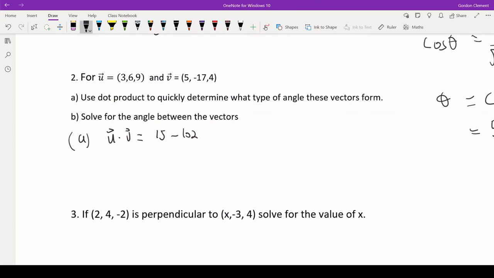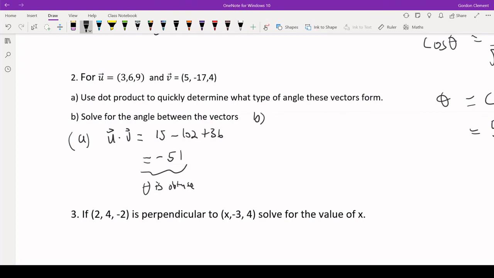And then 9 times 4 is 36. I can see that that's going to be negative, so let's get the actual answer though, because we'll need it for part B. So it's negative 51. And since that's negative, we know theta is an obtuse angle.